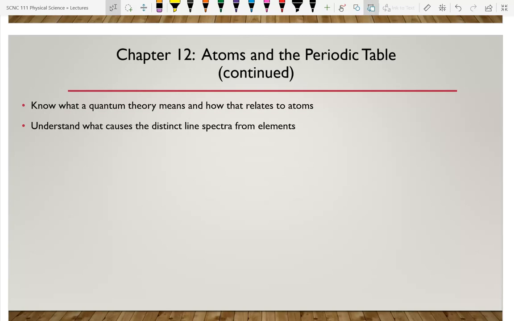Okay, we don't seem to have answers, so I'm going to tell you. Quantum means that you have only specific levels. So the quantum model, as we understand now, says that our electrons in our atom can only have certain energies.